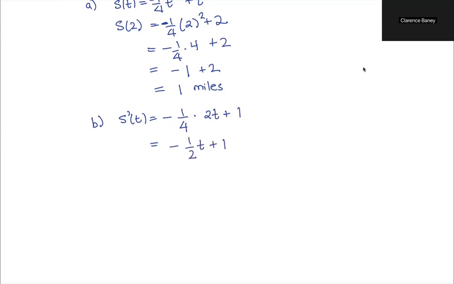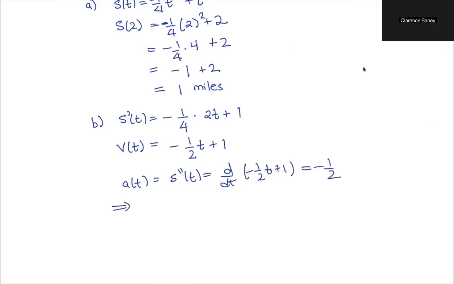That's the velocity, and I'm going to rewrite that as v of t. Then the acceleration is the derivative of that, which means I need to take the derivative of negative 1/2 t plus 1, which equals negative 1/2.